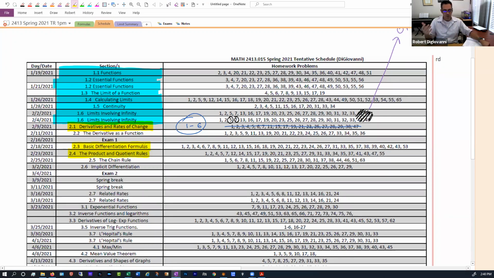There's no new rule I need to give you. For 2.3 and 2.4, you have all the rules you need to attempt to do the problems. That doesn't mean you're going to be able to get through all of them easily, but at this point, we are through all that. So you should try and take your spring break to get to a point where you are up through 2.4.